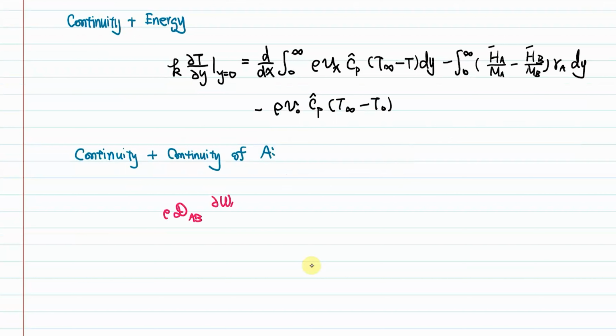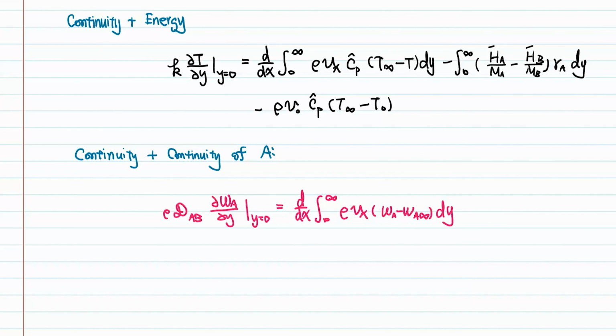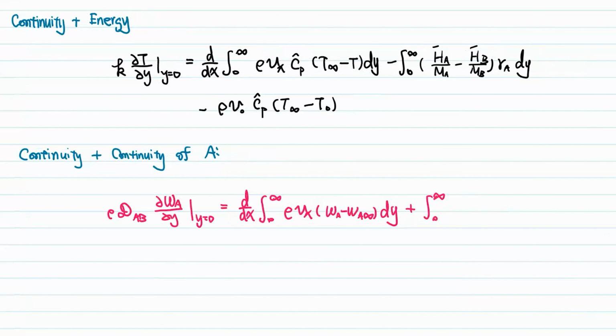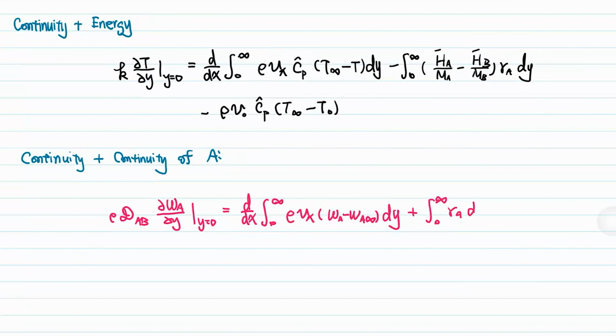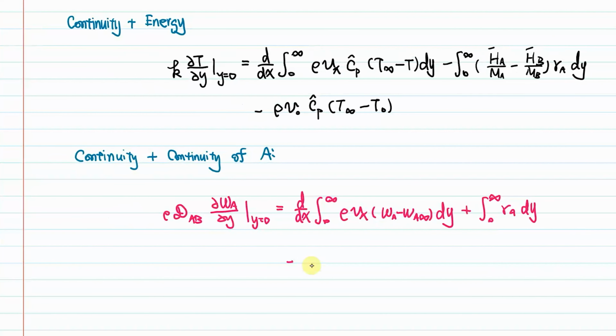So partial WA, partial Y at Y equals 0, equals D dx rho Vx WA minus WA infinite dy plus 0 to infinite, the mass gain from reaction, minus rho V naught times WA infinite minus WA naught.